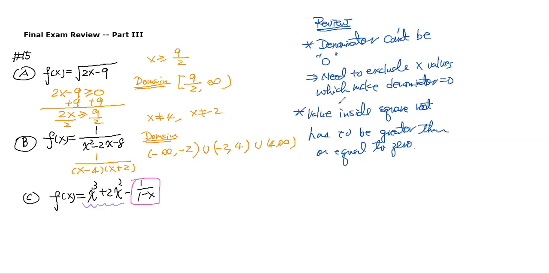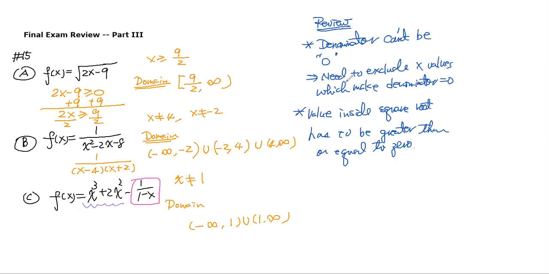That means the denominator cannot be equal to 0. That means x cannot be equal to 1, right? So x can be anything else except 1 here. So the way you can write your domain here, you can say except 1. So it will be negative infinity to 1 union 1 to positive infinity, right? That's how we define the domain here.